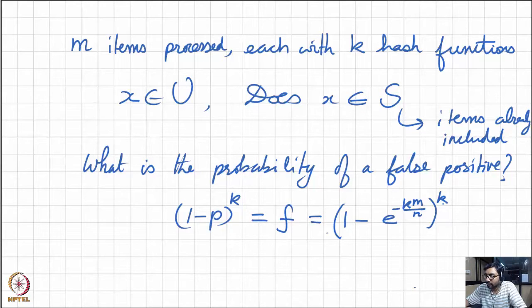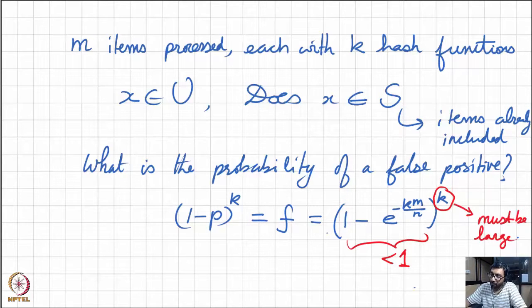You notice that k is appearing in this expression twice. Let's focus on this appearance. As the value of k increases here, since this quantity is less than 1, the overall value is going to decrease as k increases. So this k must be large.